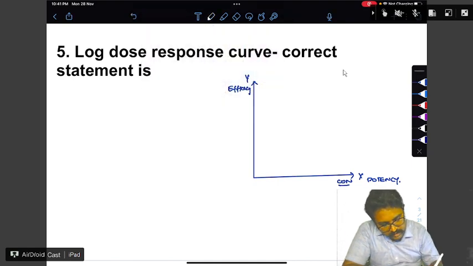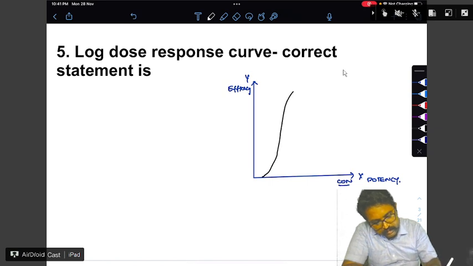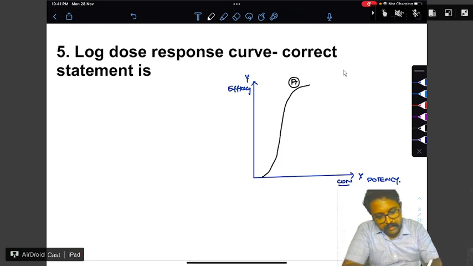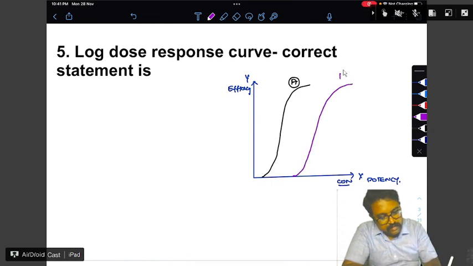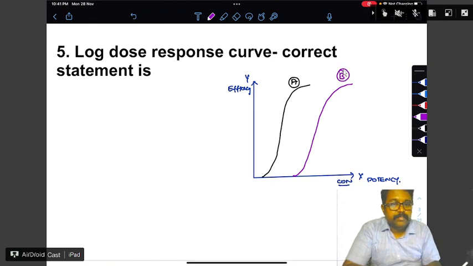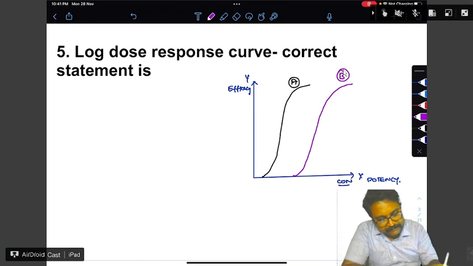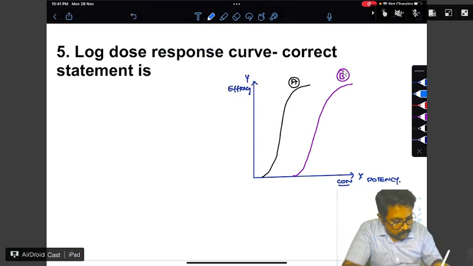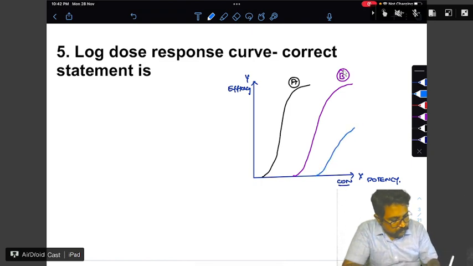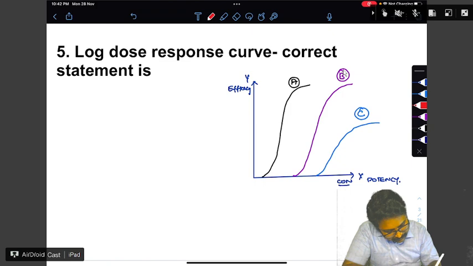Suppose let us take one drug. This is drug A. Next we'll take one more drug. This is drug B. Next, this is drug C. Let us draw one more graph.